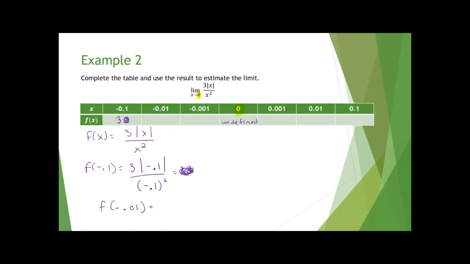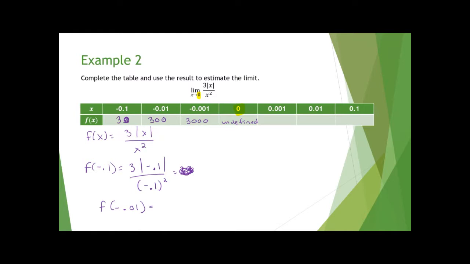Oh, you thought it was in your calculator. Yeah. Okay. So that's supposed to say 30. Now, next one. Let's make sure I do this right. So I got 300. Double check my math. Okay, and then I got 3,000.